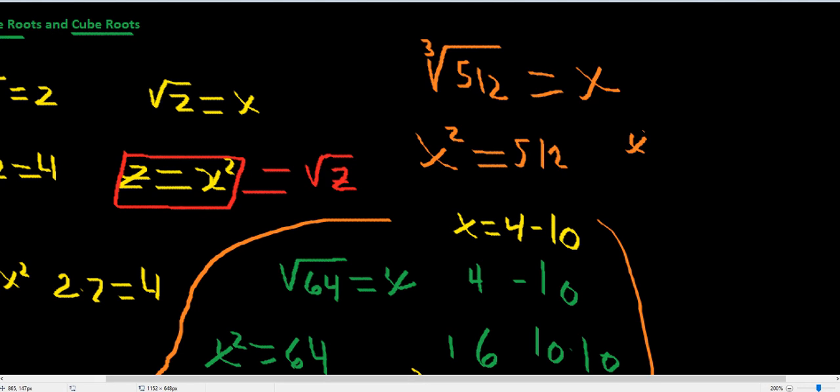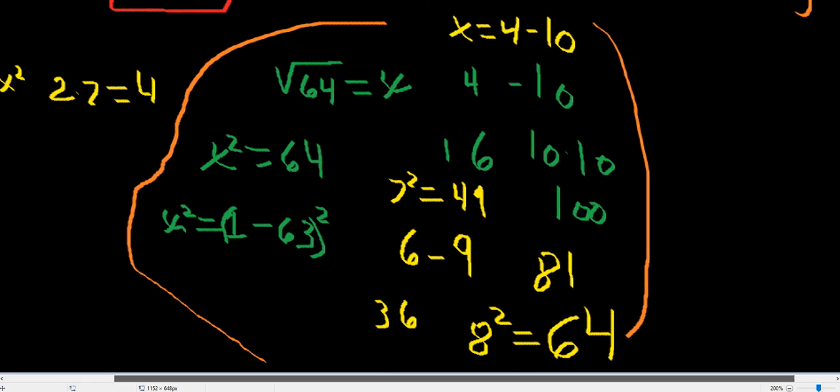So we know x to the third equals 1 through 511 cubed. So we know that much. And I'm sorry, I'm kind of running out of room.